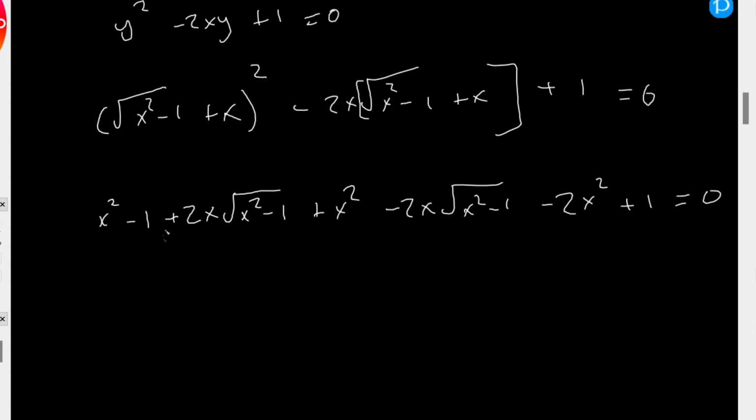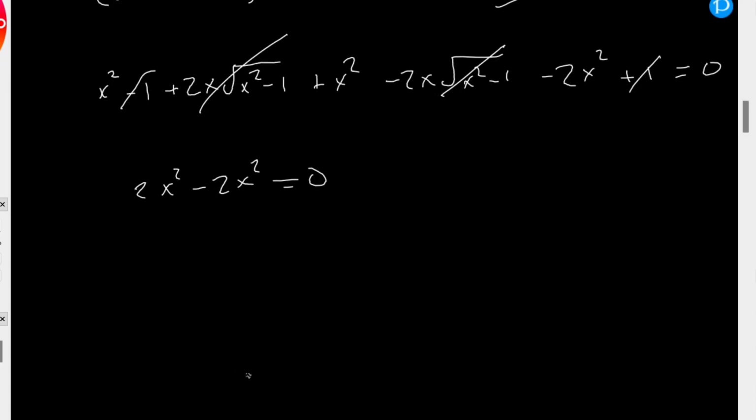You can see here that things just cancel out, and that implies that x equals 0. But let's cancel it out so we can see the process. You cross out the ones, you cross out these terms here, and x squared plus x squared is 2x squared, minus 2x squared, which equals 0. At this point, it's pretty obvious that x has to equal 0 for this to check out and be equal to each other.